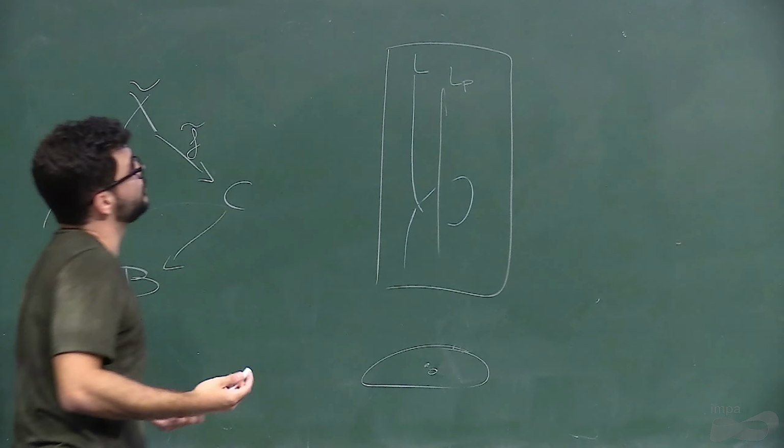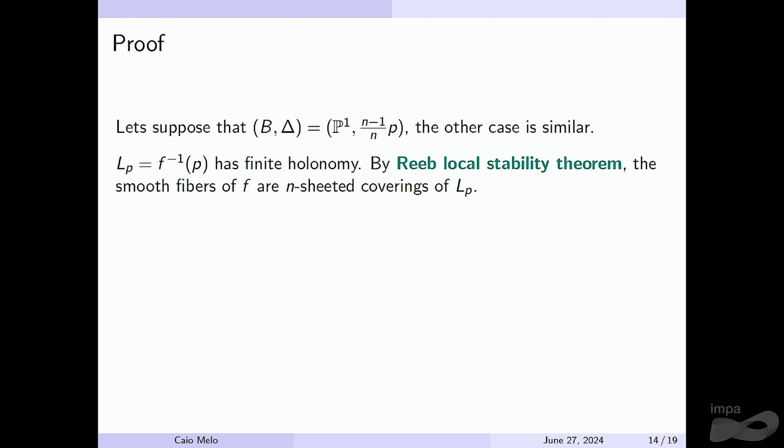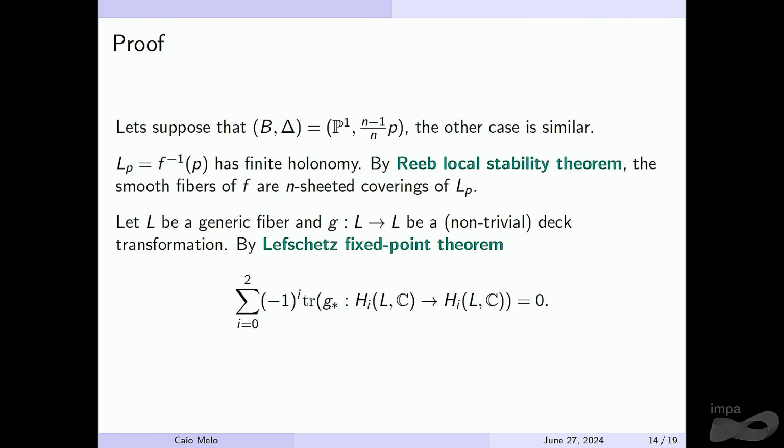And since we have a covering, we can take a deck transformation. So we take a non-trivial deck transformation and consider the Lefschetz fixed point theorem. Since it has no fixed point, one part of this equation must be 0. And I'll try to simplify the other parts of this equation.